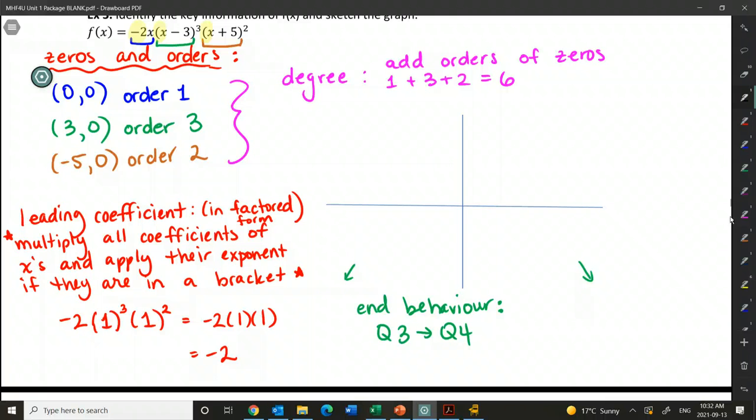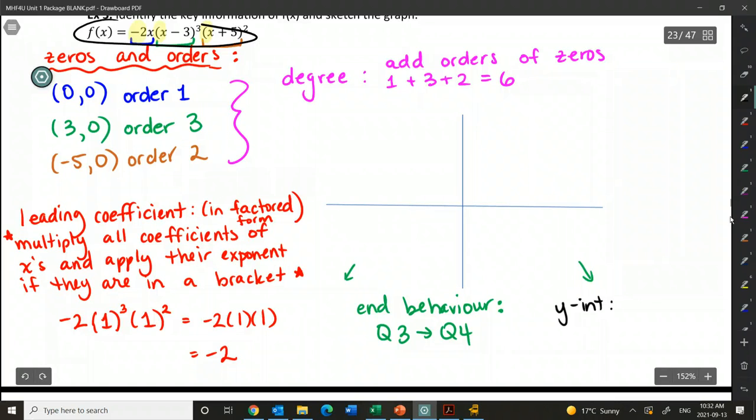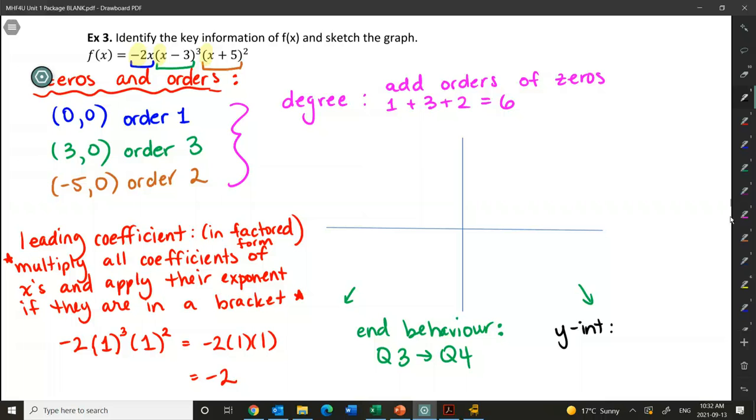Michael said something earlier about finding the y-intercept. If I want to find the y-intercept, but I'm in factored form, I need to evaluate f at 0. Now, I don't really need to do that for this one. Why do I not need to do any evaluating for this one in particular, for y-intercept? Keaton?